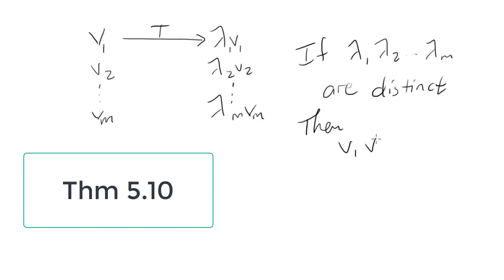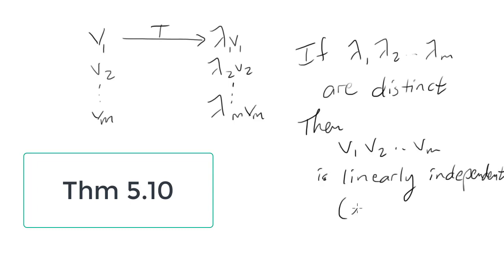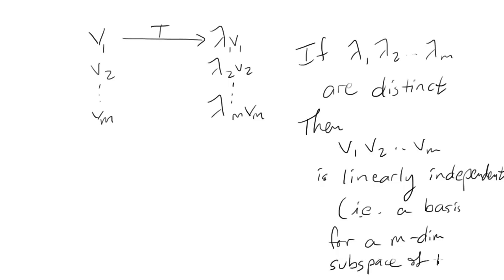If that's true, then the eigenvectors form a linearly independent list. So they become a basis for an m-dimensional subspace of the range. Super handy. Let's prove it.